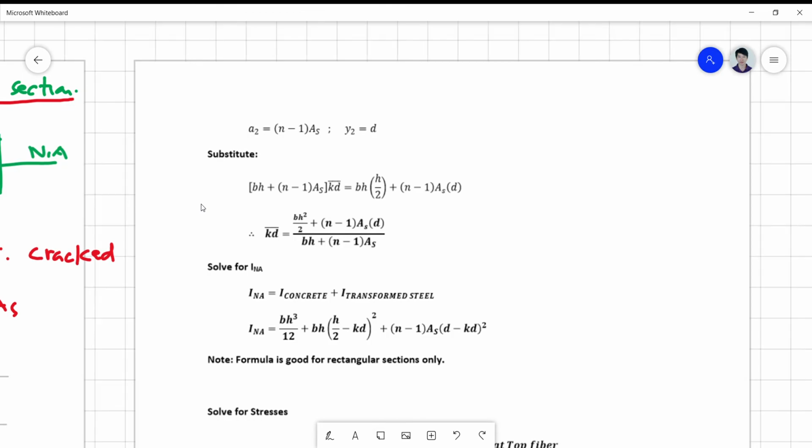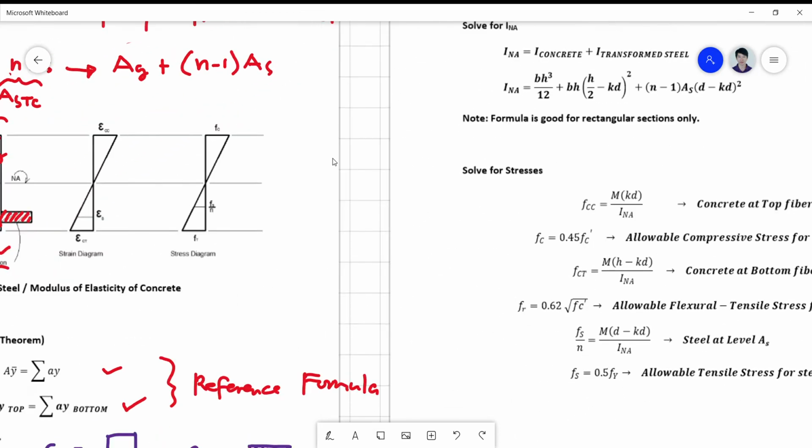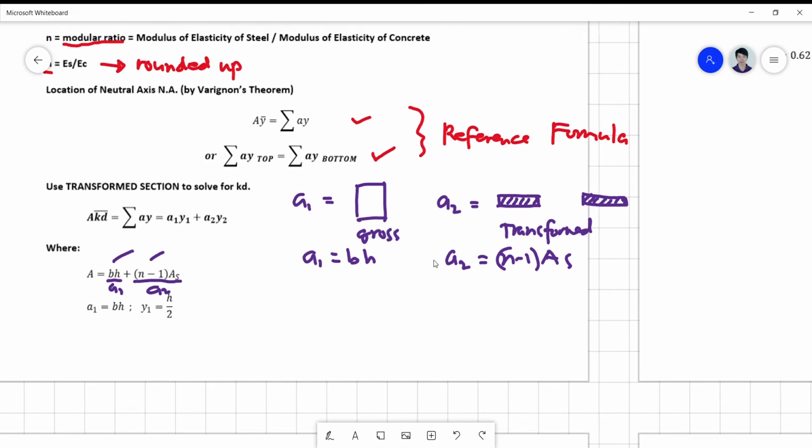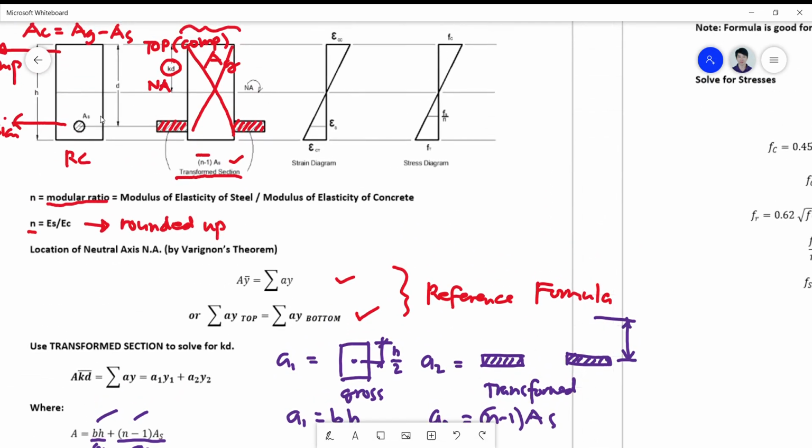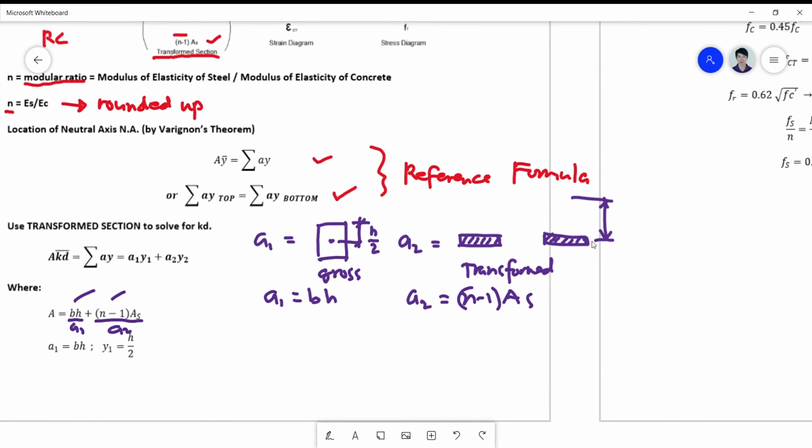And if we are going to solve for Y1, okay, so where is your Y1? Y1 is from the centroid to the top, so this is H over 2, okay, and this is the distance of the steel bar. We'll look at the figure on top. Okay, so from the steel bar up to there, you have a D distance.